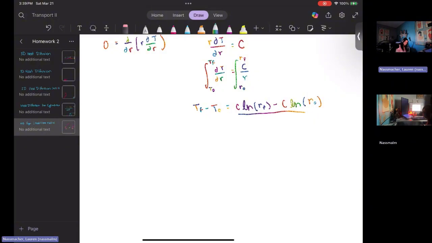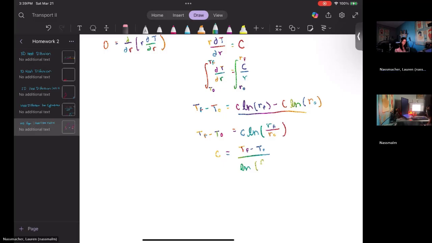We can change this to be our constant multiplied by natural log of our radius f over our radius 0. Now dividing each side by that natural log of rf over r0, we get c, our constant, is equal to our temperature final minus our temperature initial over our natural log identity.